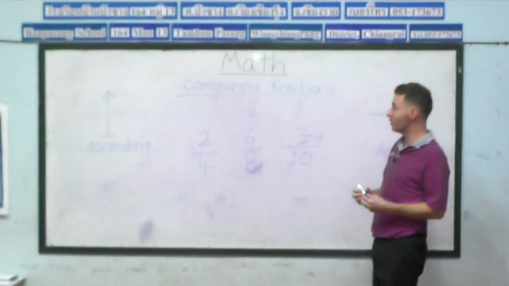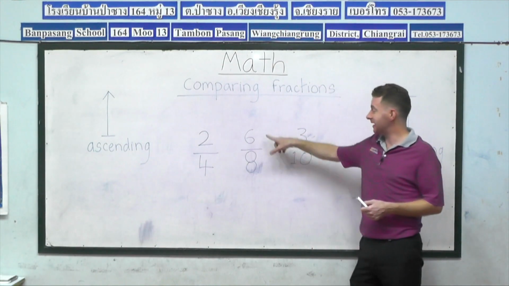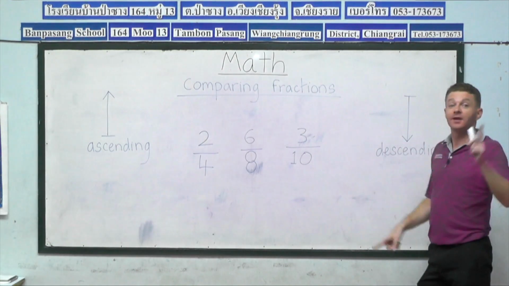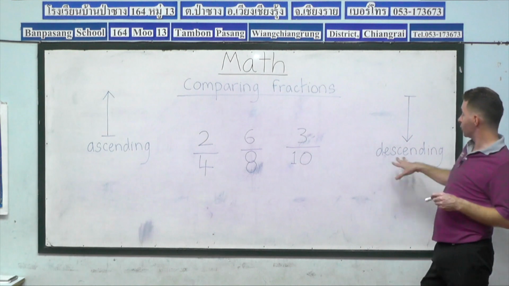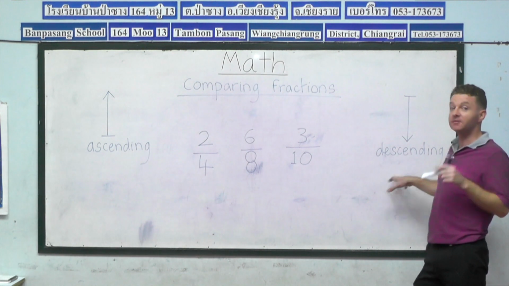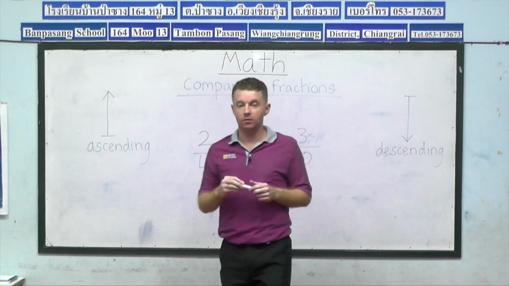Okay, so we've got 3 fractions. We've got 2 over 4, 6 over 8, 3 over 10. And this time what we want is sorting them into descending order. So that means starting with the biggest one and then working our way down to the smallest one.